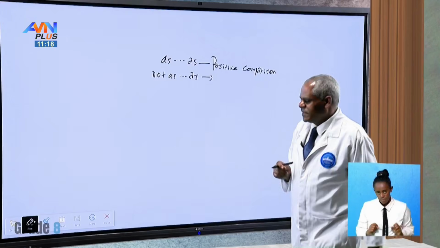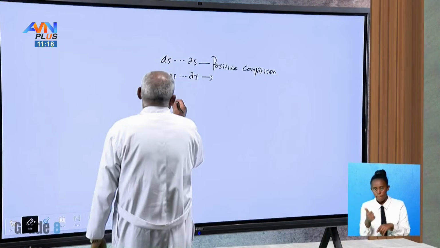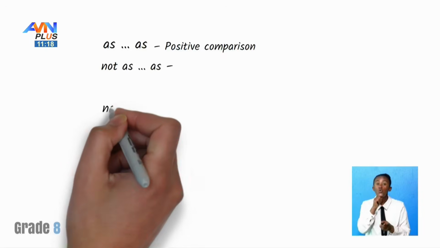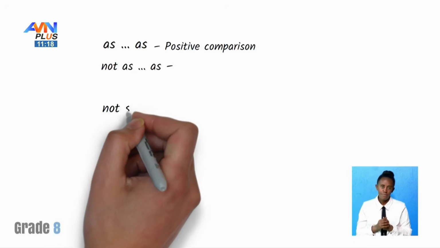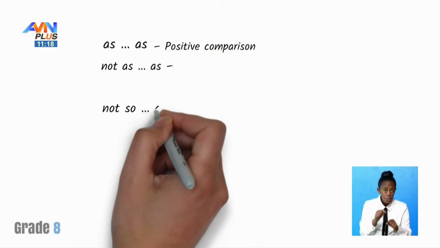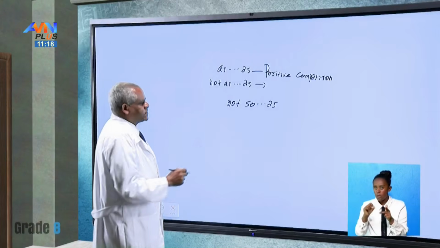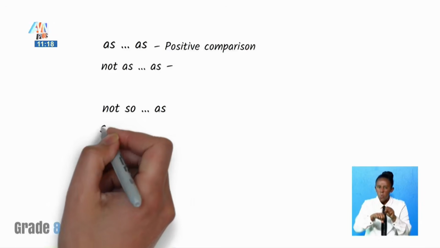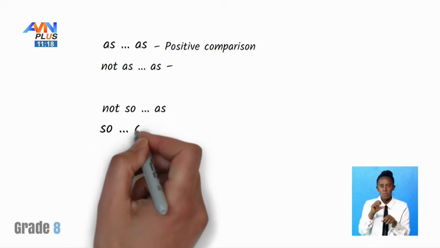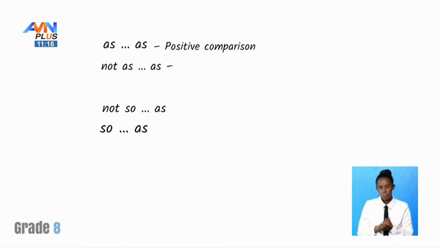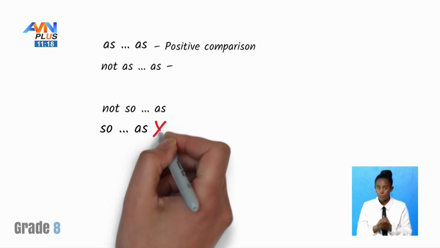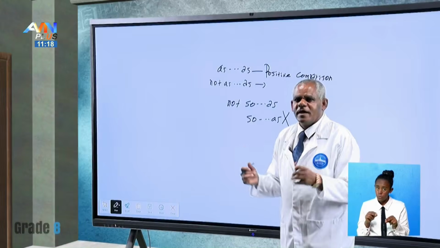Let's go and see another structure: "not so as". In the case of "not so as", don't say "so as" structure. We don't have such a structure, please. No, students, don't use it in such a way. You have to use NOT before it.